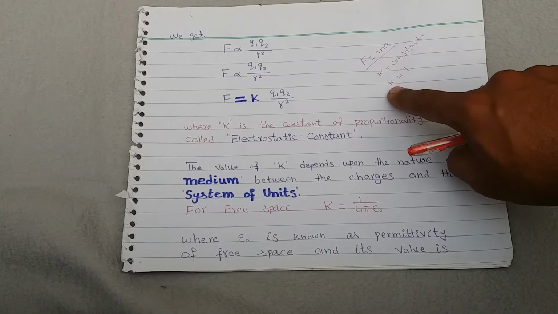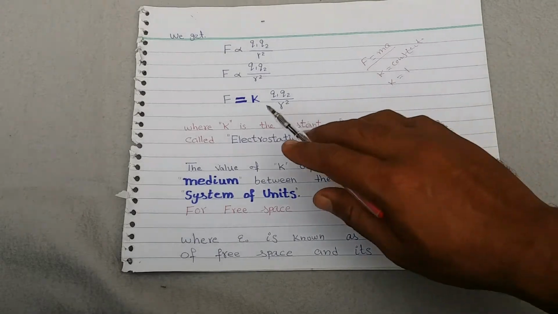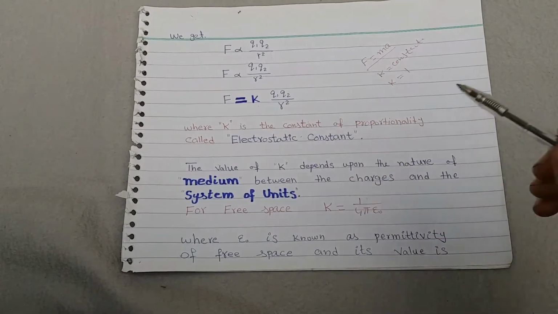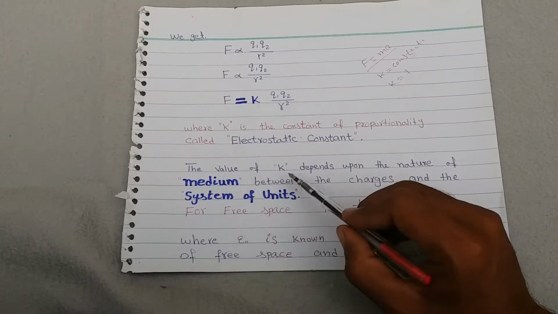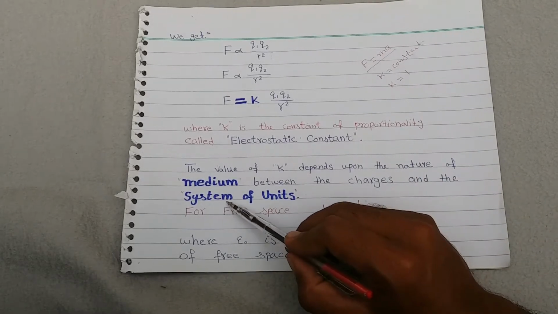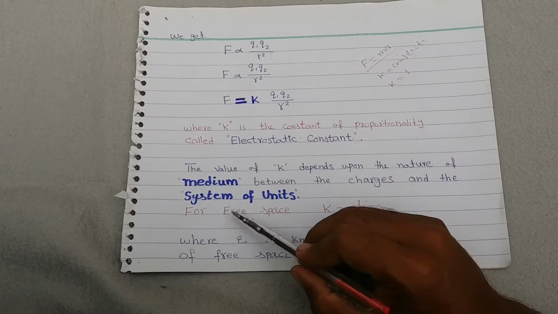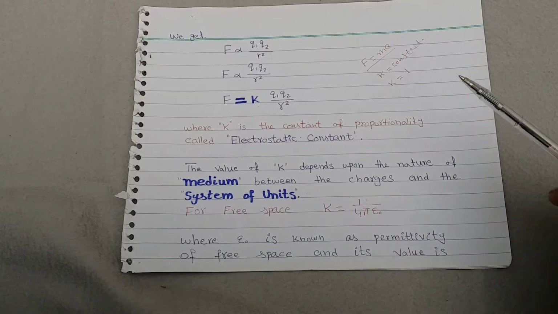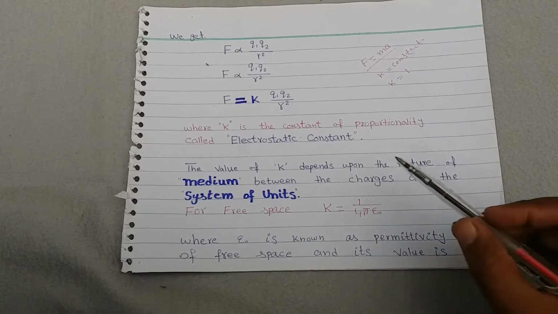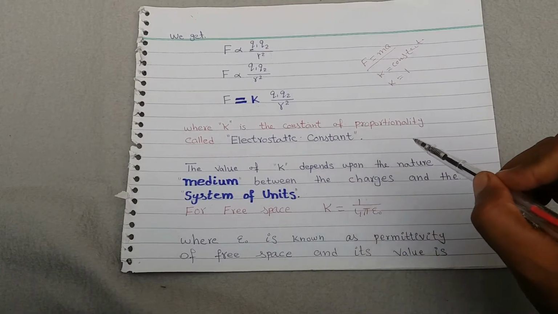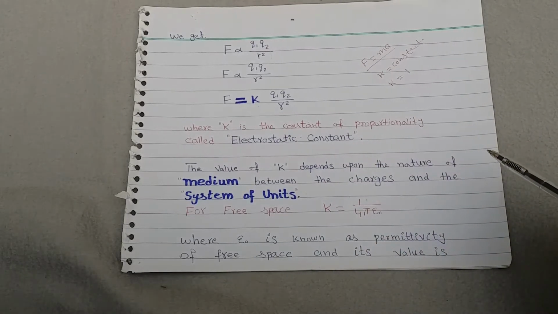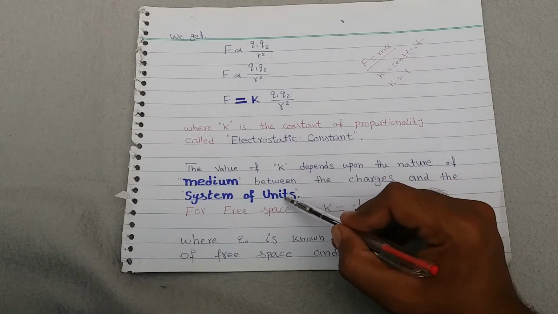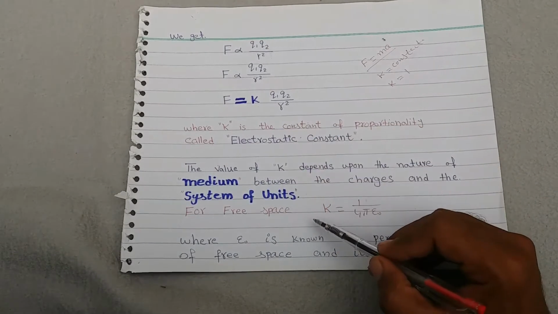Here K is not always equal to 1, because the value of K depends upon the nature of the medium between the charges and the system of units. What kind of system of units we are going to use, and what the medium is. K totally depends on the medium.